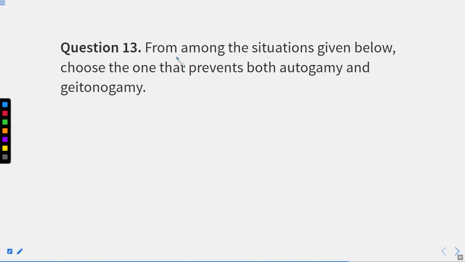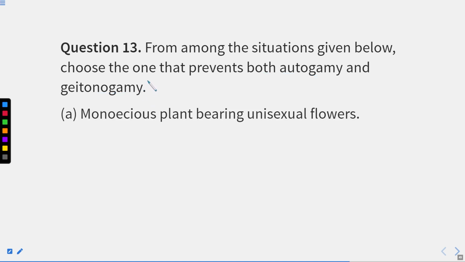Now, question number 13. From among the situations given below, choose the one that prevents both autogamy and heterogamy. Autogamy is self-pollination, heterogamy is a type of cross-pollination. Now, the first option is monoecious plant bearing unisexual flowers. Monoecious plant, I have already explained to you, is a plant that contains both the female and the male reproductive parts.